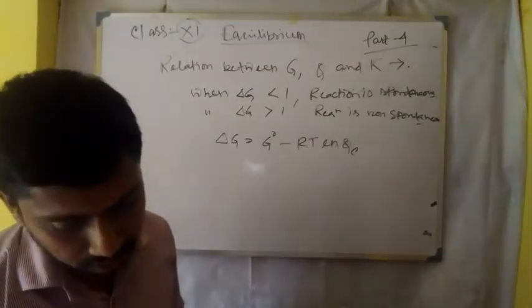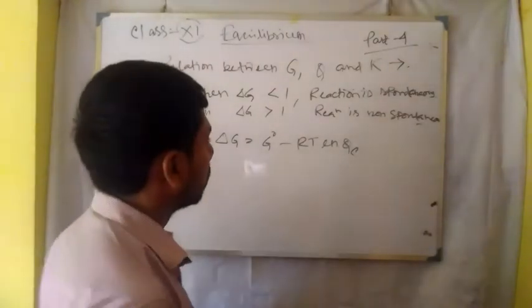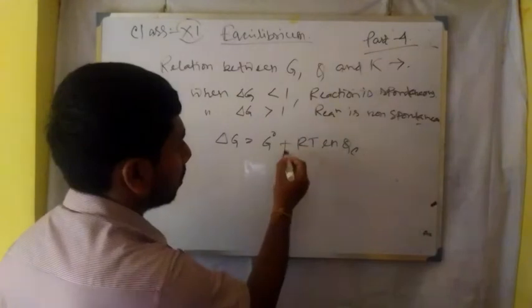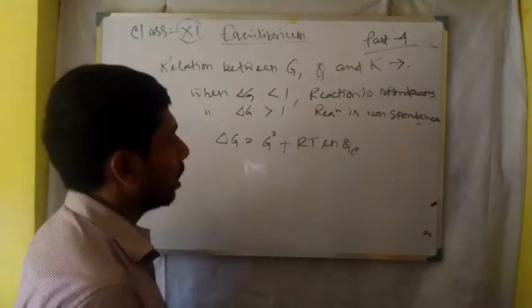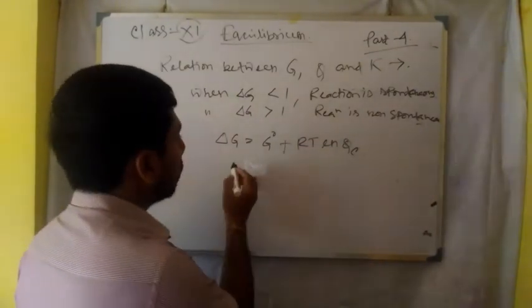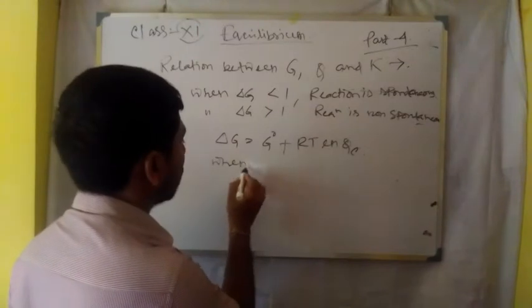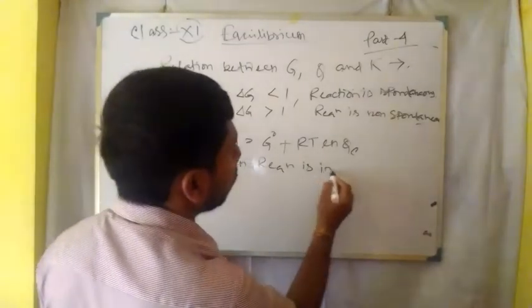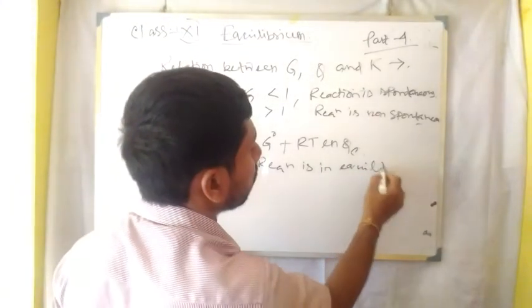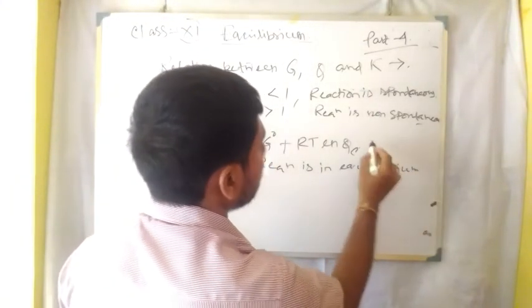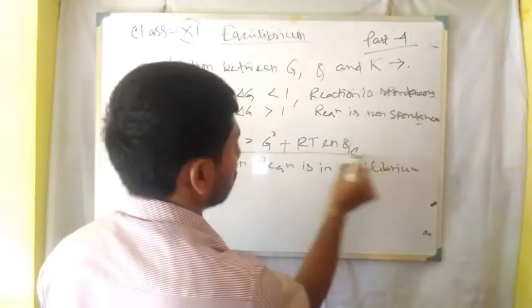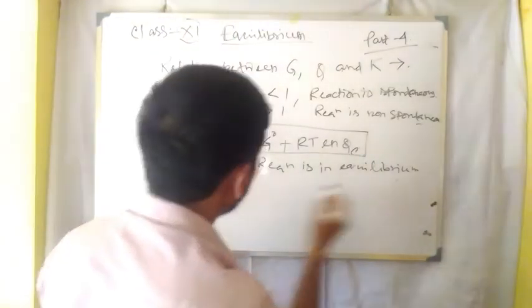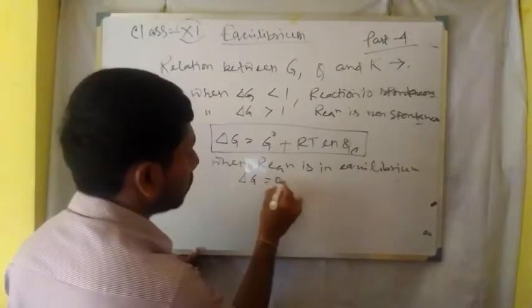Now using this equation, when the reaction is in equilibrium, del G equal to 0.